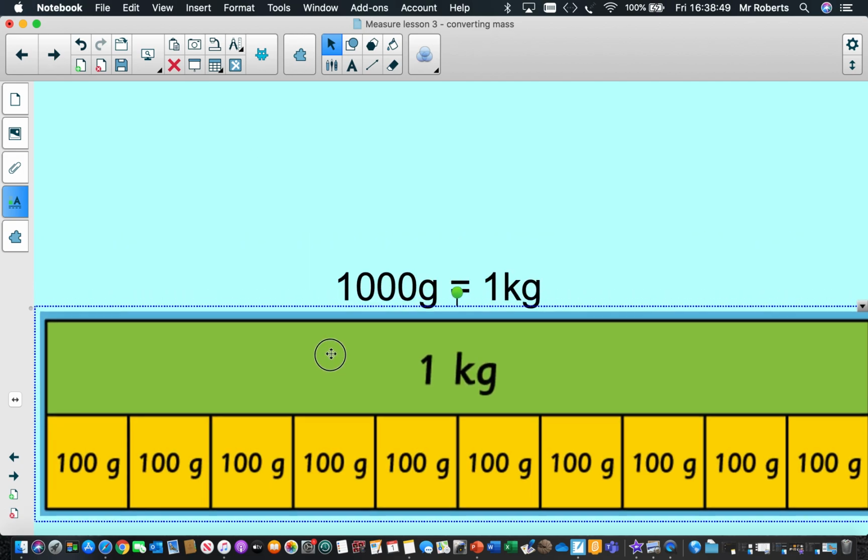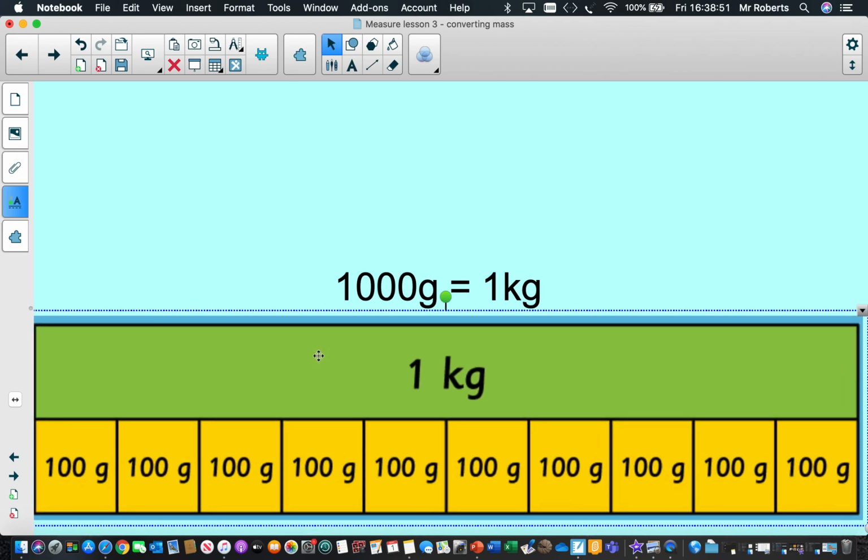There are 1,000 grams in 1 kilogram. Kilo is the word that we use for 1,000. So it helps us to remember that it's 1,000. In the same way as there's 1,000 meters in a kilometer. It follows the same principle.